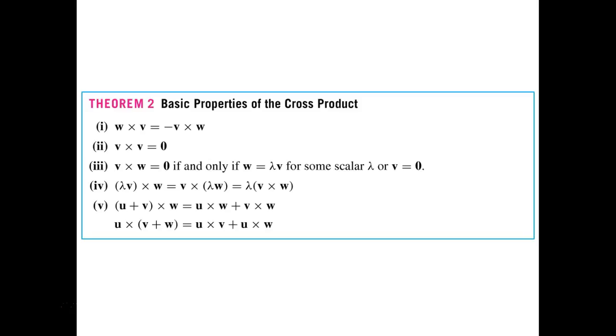Now that's just one scalar. Okay. Now, so that's sort of, if you look at it this way, a distributive law of a scalar over a cross product. And this is undoing that. Okay?